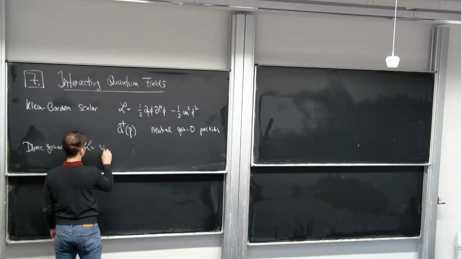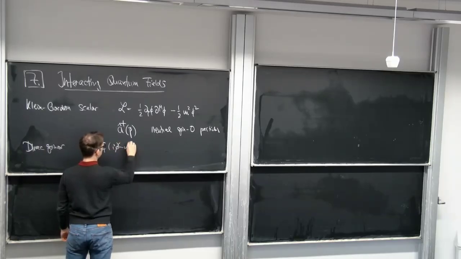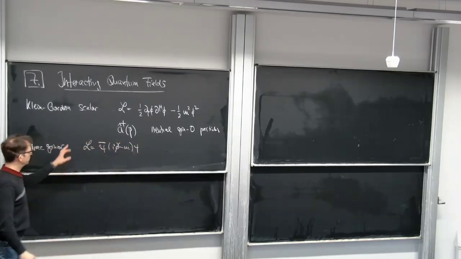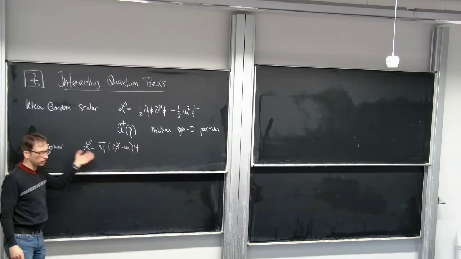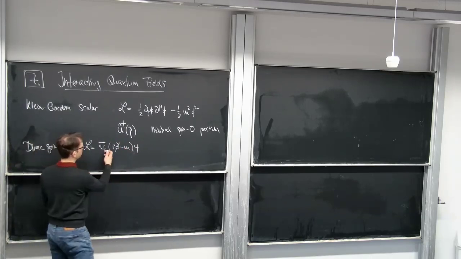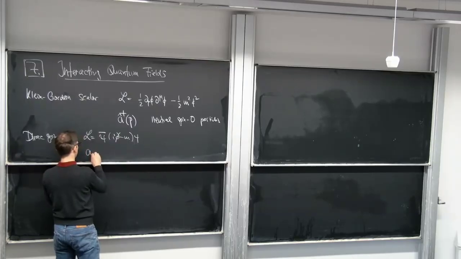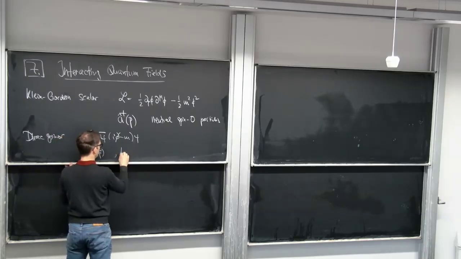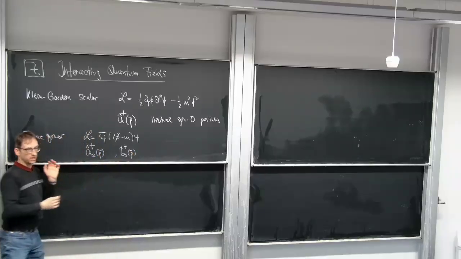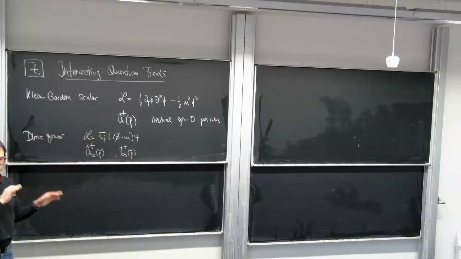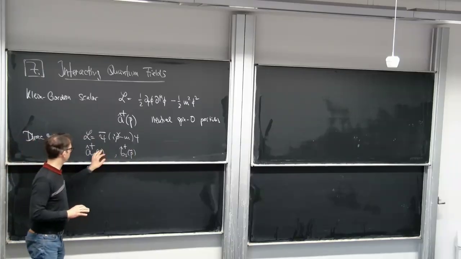The L looked like ψ-bar (i ∂-slash minus m) ψ. And this had 4 components, and it gave us these particles, A and B, and S. So we have an A and a B type, that is the different electric charges, positive and negative. So it's a particle and an antiparticle.